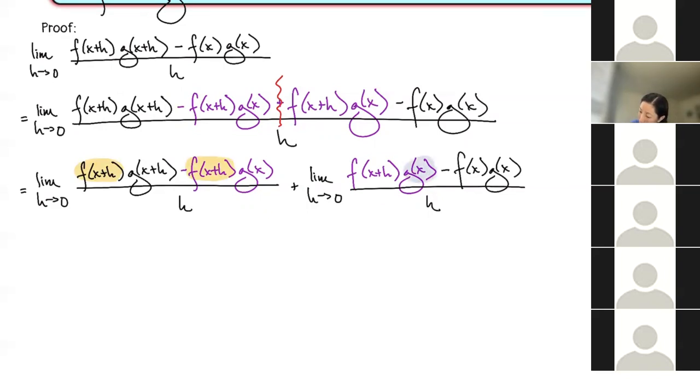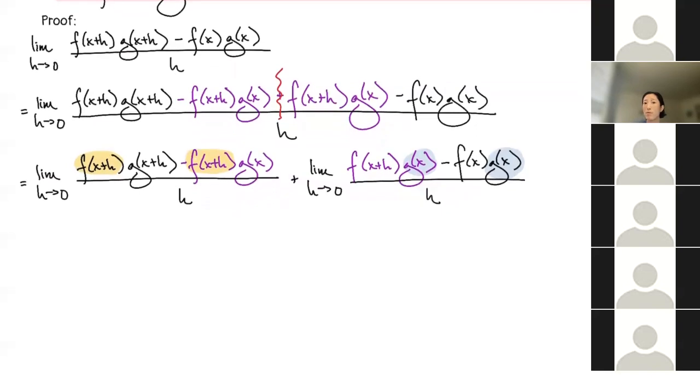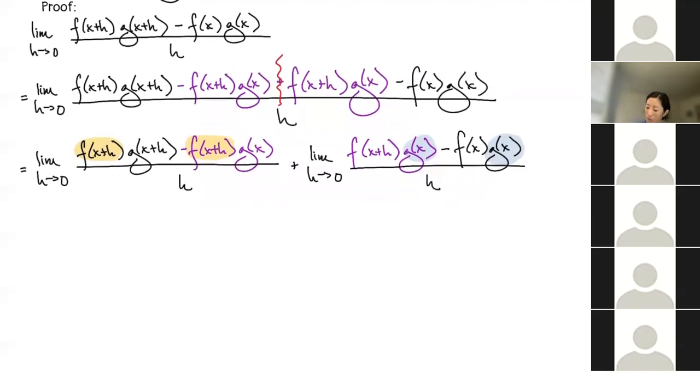Common factor is g of x, right? So I'm going to factor the f of x plus h from the first fraction and the g of x from the second fraction. Where did the purple come from? That is my fancy way of saying let's add 0. Okay, so it's a clever way of adding 0 so that we can prove our product rule.